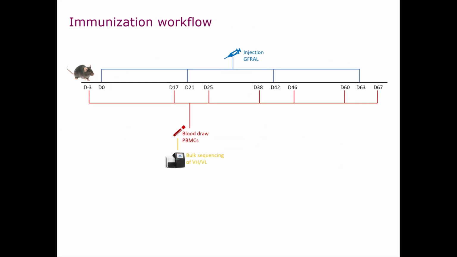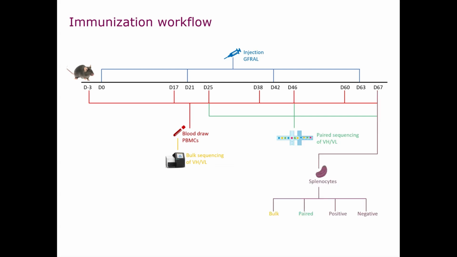Of these blood samples, we performed bulk sequencing every time of the heavy and the light chain. Then for some specific days, we also had paired sequences to match the heavy with the light chain. And then at day 67, we also collected some splenocytes on which we performed the bulk, the paired, and an additional sorting that was done for antigen positive and antigen negative cells.